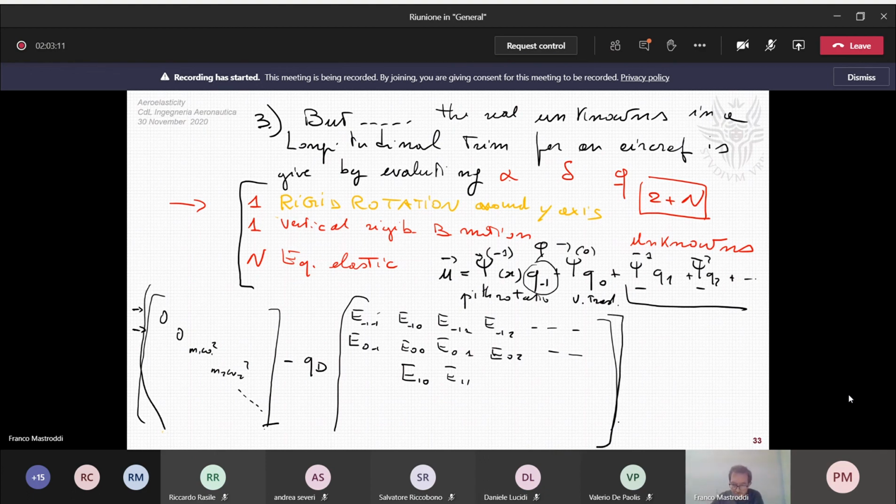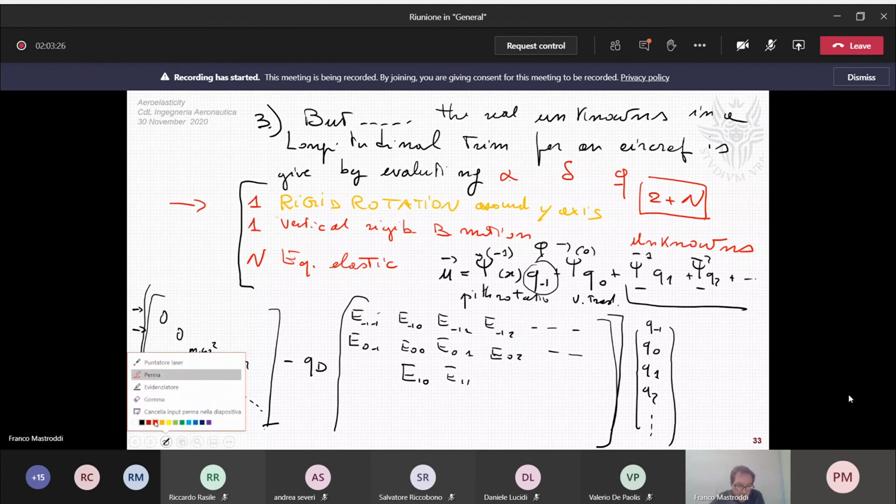Okay, but what I want to emphasize is that these two matrices are referred to Q -1, Q0, Q1, Q2, but again, the first two variables are assumed to be 0. And so this column is not relevant, not important.